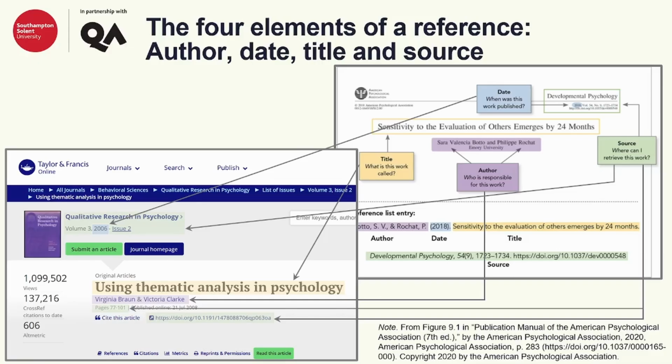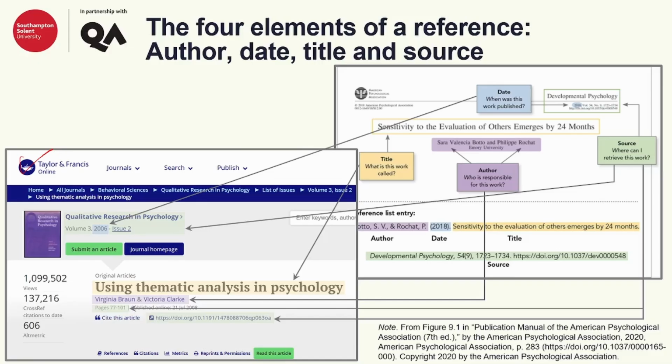For example, Taylor and Francis is an academic publisher, where Qualitative Research in Psychology is one of the journals available through that publisher. The journal contains individual articles, including Braun and Clarke's article Using Thematic Analysis in Psychology.